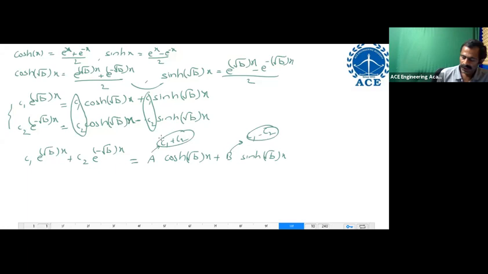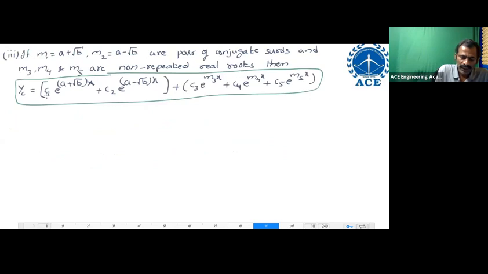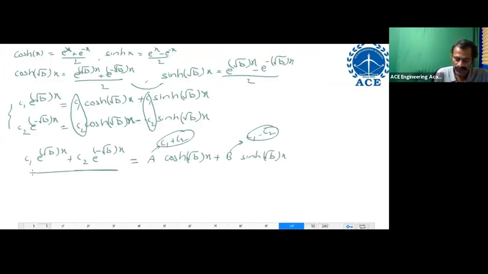If you go back to the previous page, we have c1 e power (a plus root b) x plus c2 e power (a minus root b) x. From the first two terms, e power ax is common. If you take e power ax outside, inside we have c1 e power plus root b x, c2 e power minus root b x. That is the same as this, so we can replace it with the hyperbolic functions.